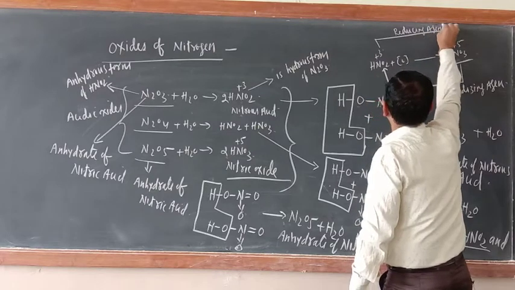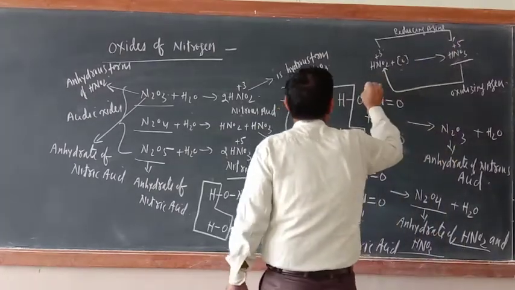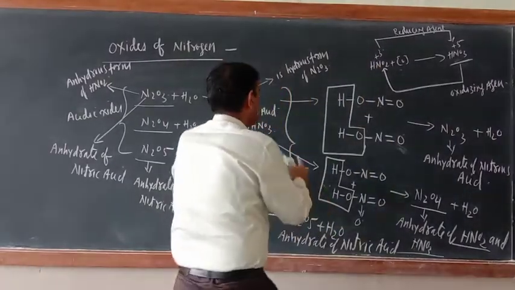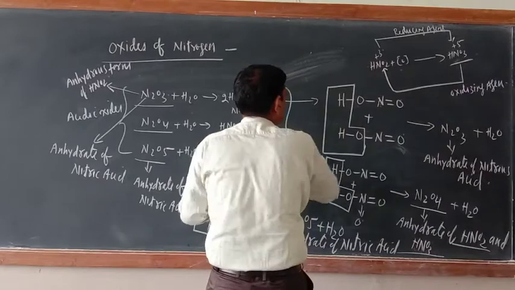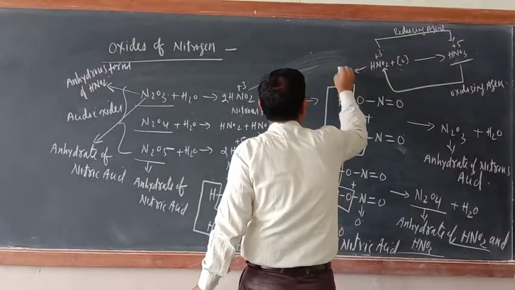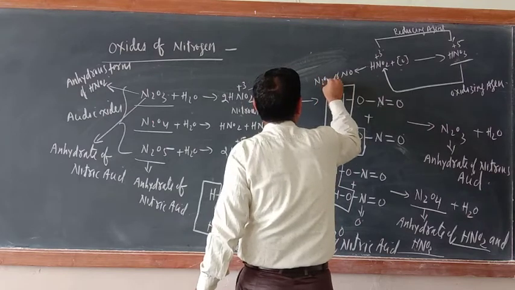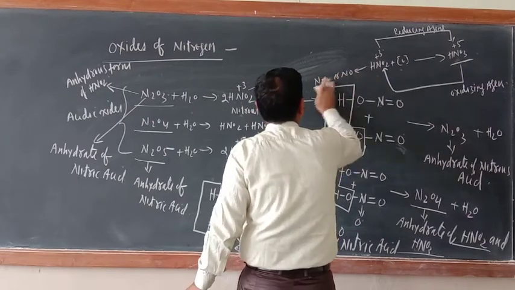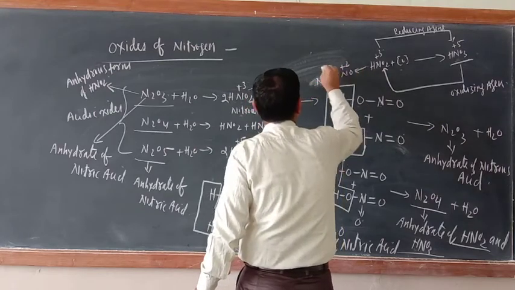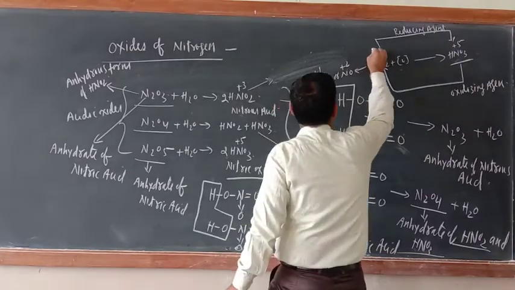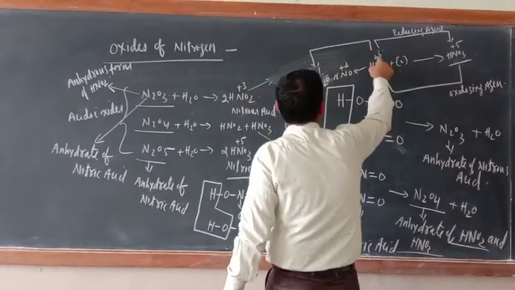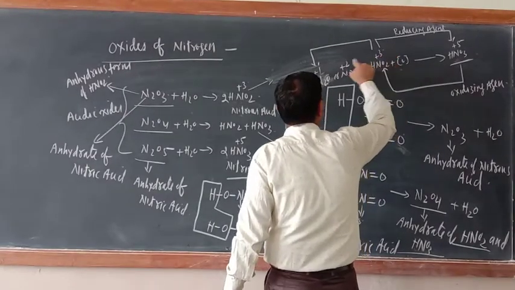Now try to understand, nitrous acid can come back to a lower oxidation state also. Suppose it is getting converted into NO or N2O3 or some nitrous oxide, suppose N2O. So here what is there? +2 oxidation state, +1 oxidation state. So this nitrous acid can reduce from +3 to +2.